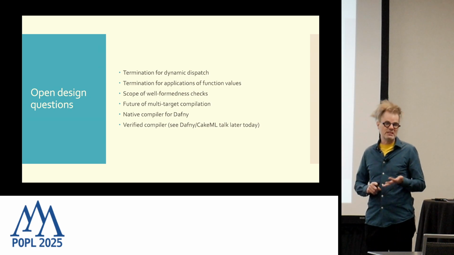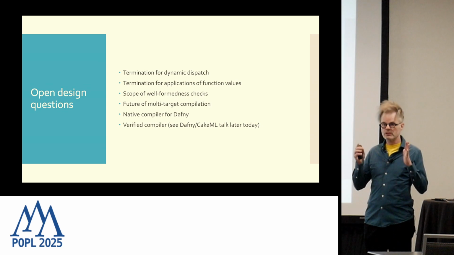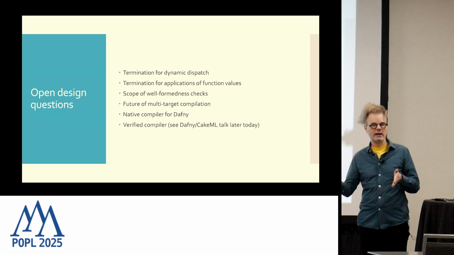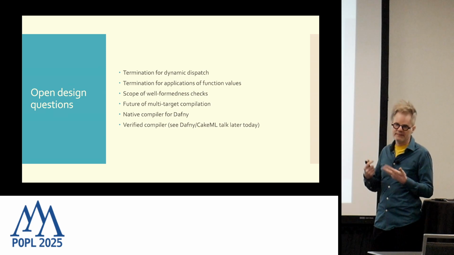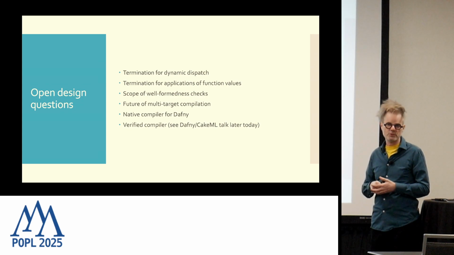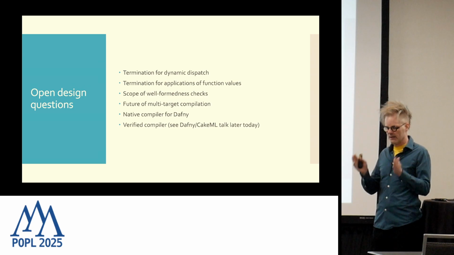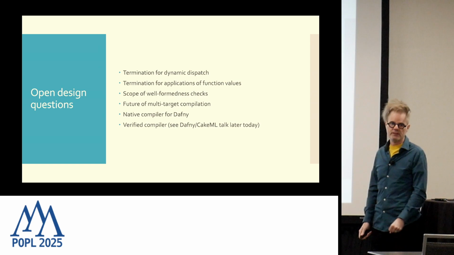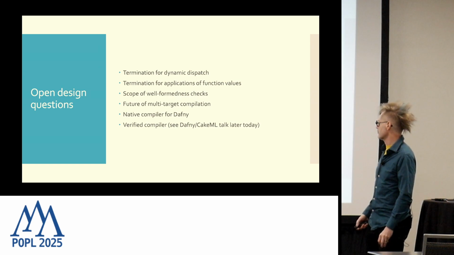I would actually love to see a native compiler for Dafny. Dafny verifies that certain things don't happen, but then when we compile to Java or .NET, for example, or other managed languages, you still get runtime checks for all of those things. It'd be really nice to have like a best-of compiler for Dafny that would just do better performance-wise.